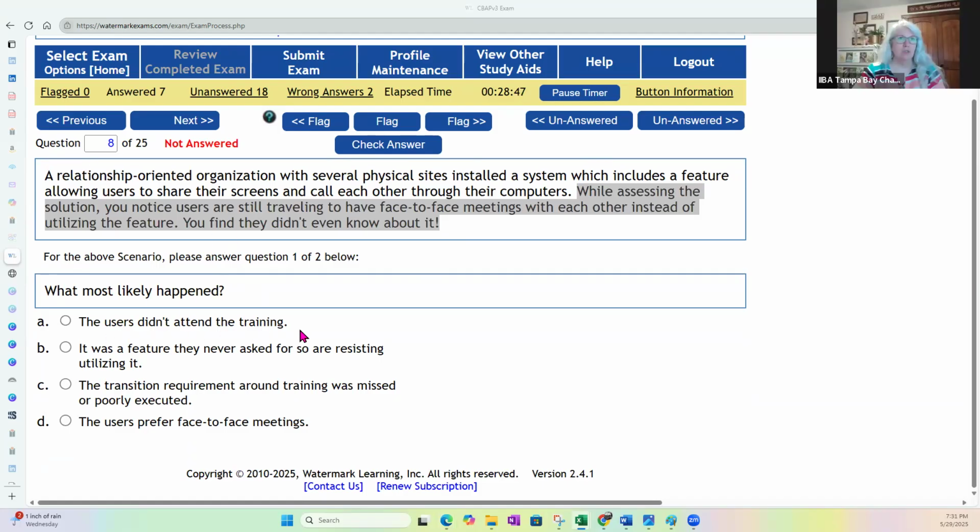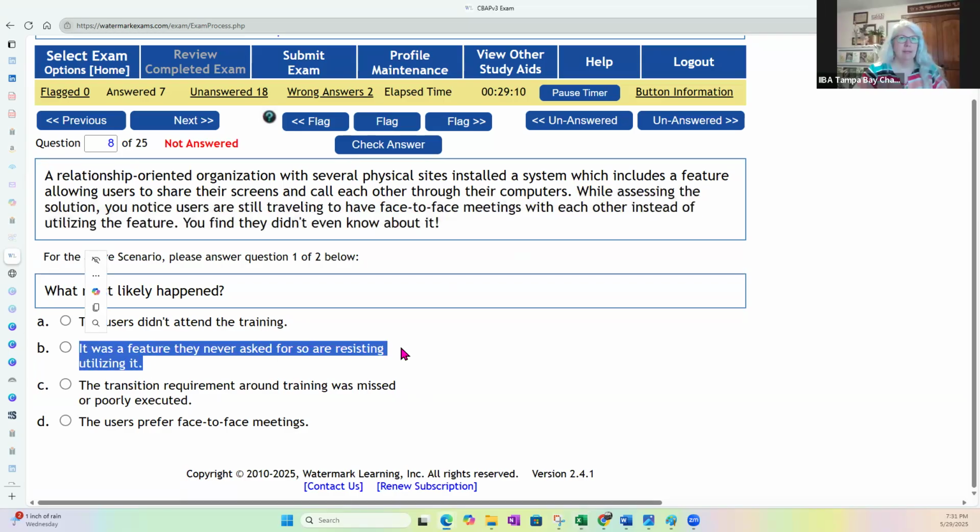So what most likely happened? The users didn't attend the training. It was a feature they never asked for, so they are resisting utilizing it. The transition requirements around training were missed or poorly executed. Or the users preferred face-to-face meetings. If they didn't know about it, we can eliminate B. In the question, they say they didn't know it.